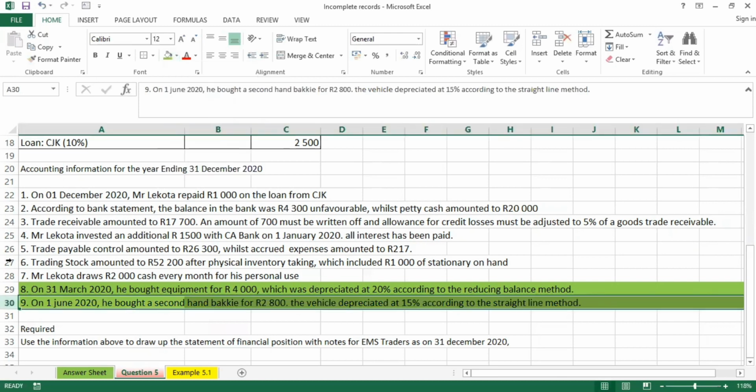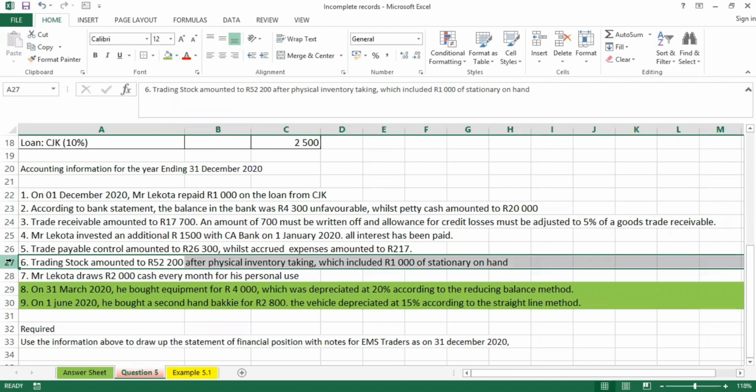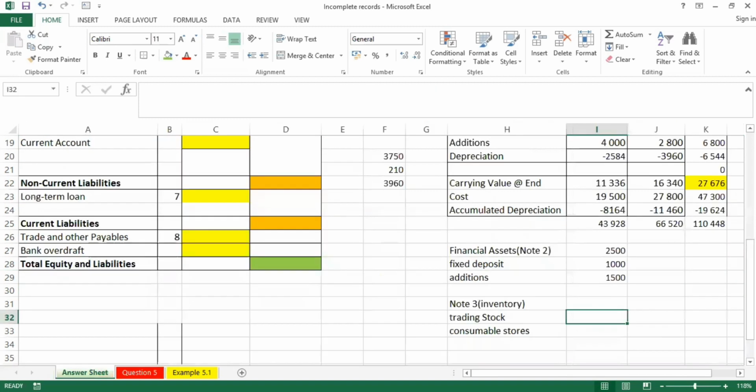Number 6 is telling us the trading stock amounted to 52,200 after physical inventory taking. So meaning our balance at the end was 52,200, which included 1,000 for stationery on hand. So our total for inventory is 52,200.